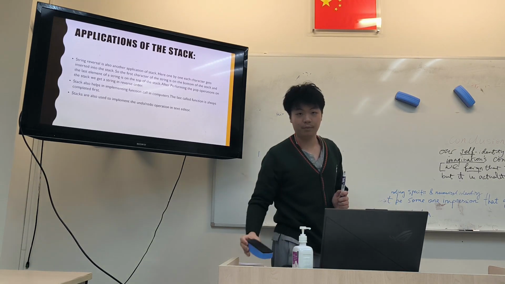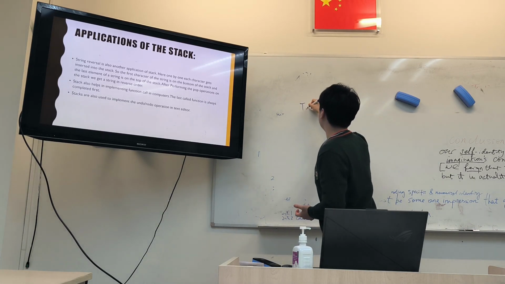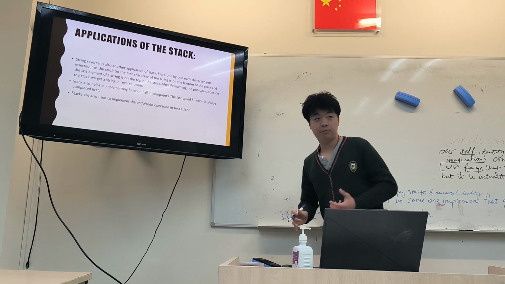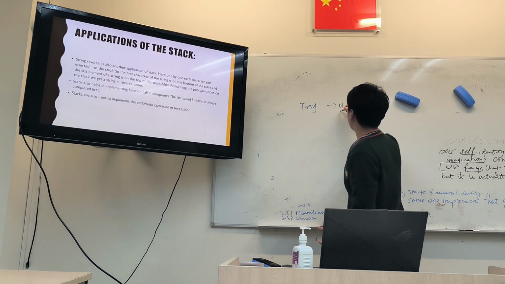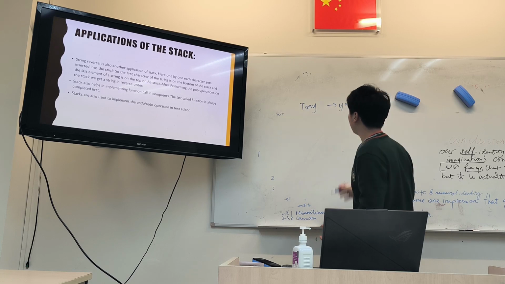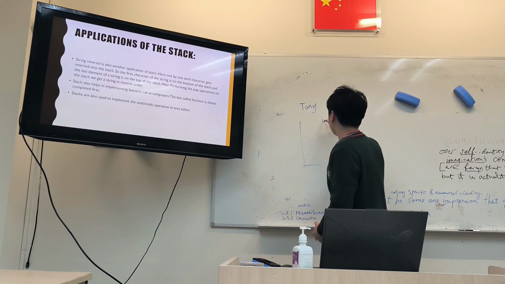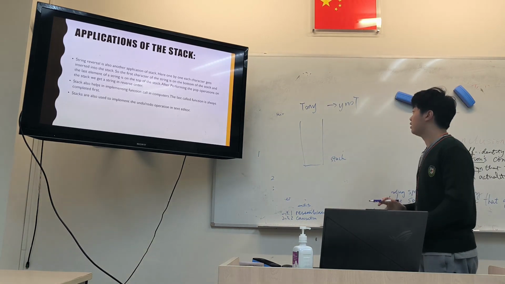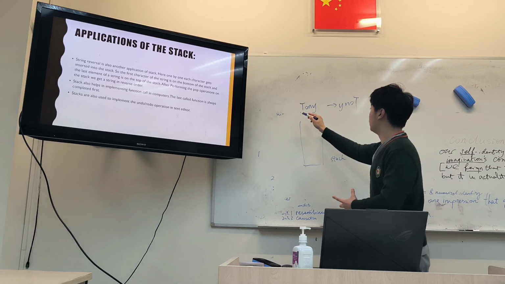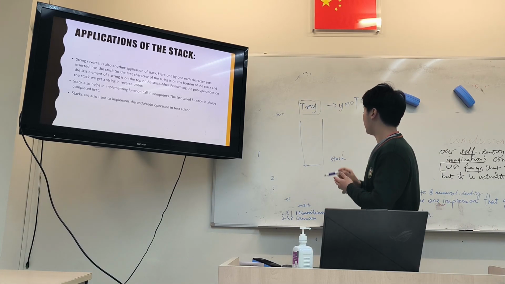So we'll give you an example. For example, if we have a string called Tony, okay, and we want to reverse it, so the actual result should be YNOT, right? So we first create a stack like this, and then we push each character of this string into the stack.